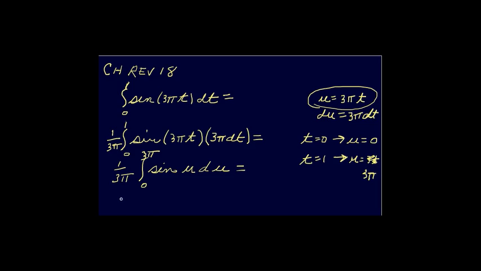My integral will be, since the integral of sine is negative cosine, I'll get negative cosine u evaluated between 0 and 3 pi. That's 1 over 3 pi.